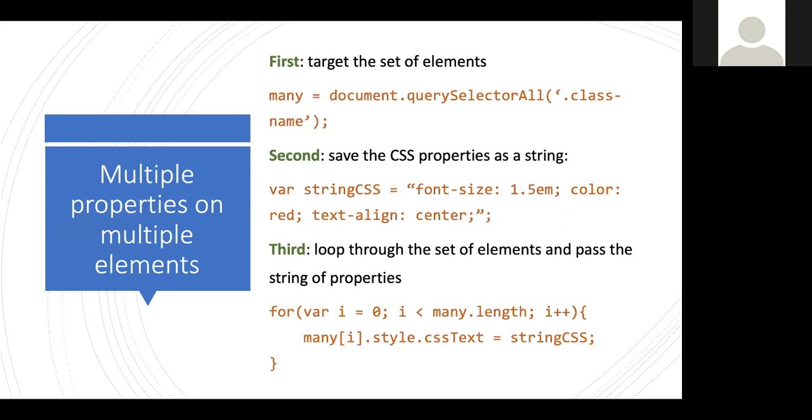And finally, okay, multiple properties on multiple elements. We first need to target the set of HTML elements. For example, as you can see here, I used querySelectorAll, and I indicated the dot class name, just an example. I used the dot because the dot in CSS is used for class selectors.